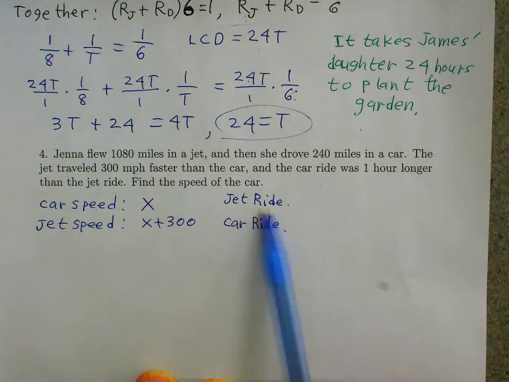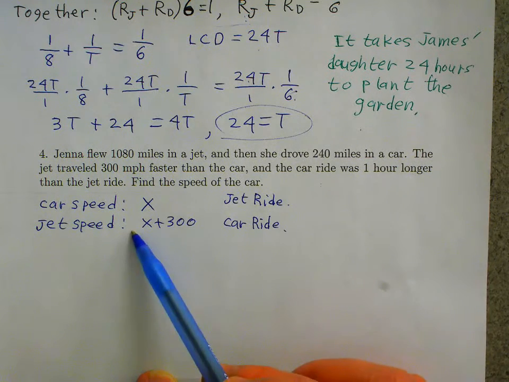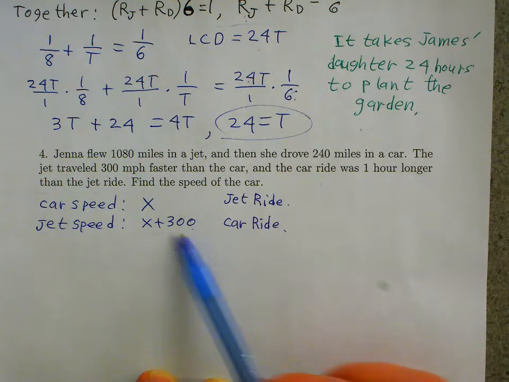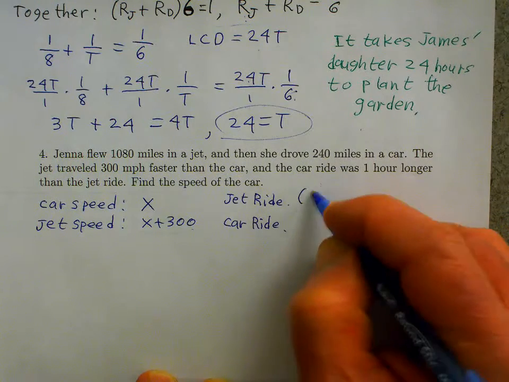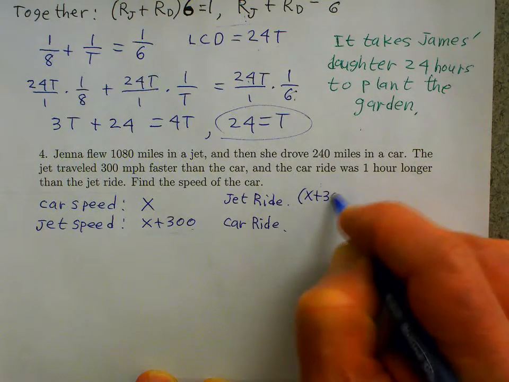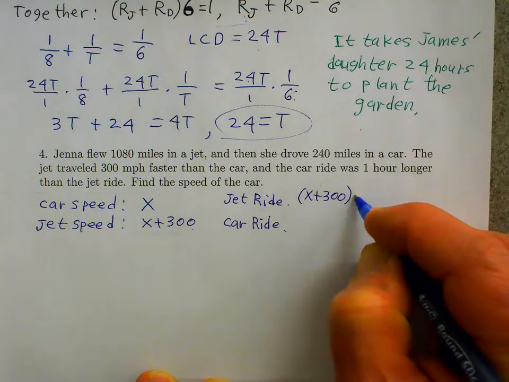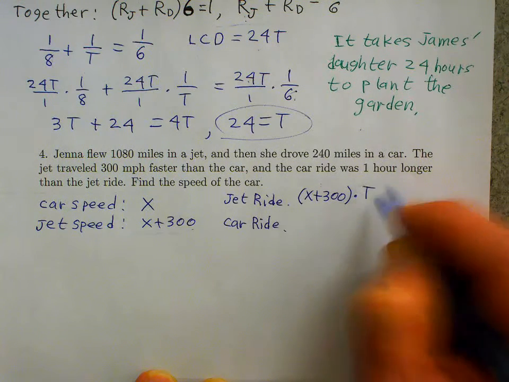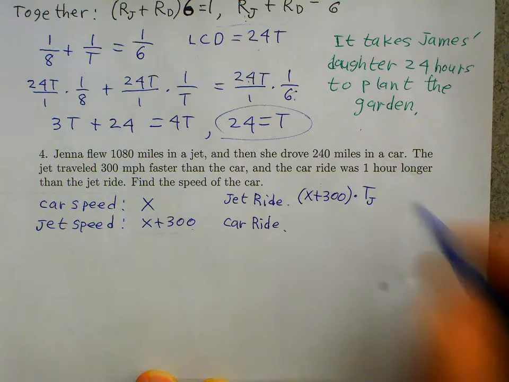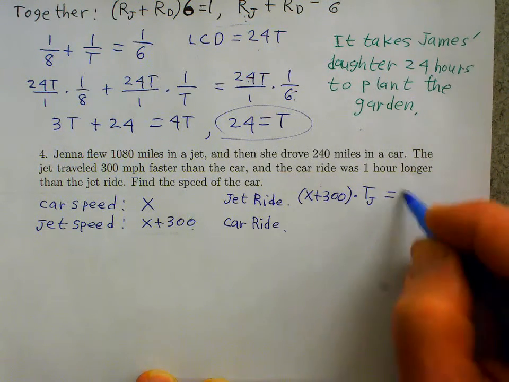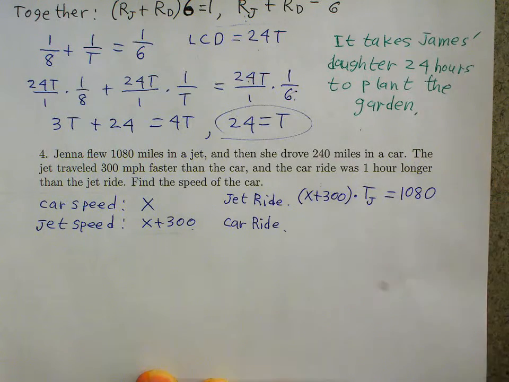Okay, so for the jet ride, we want rate times time equals distance. So the rate for the jet, we're using x plus 300 miles per hour. And we'll use t sub j for the amount of time it took the jet to fly 1,080 miles.